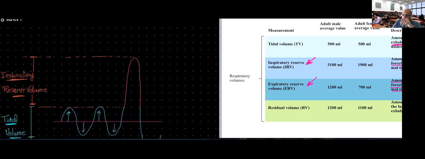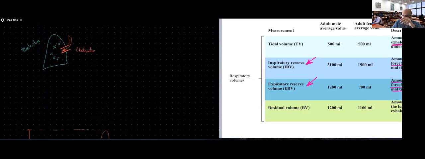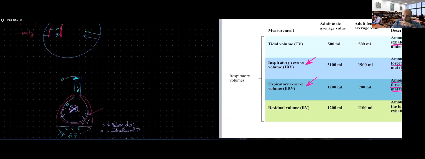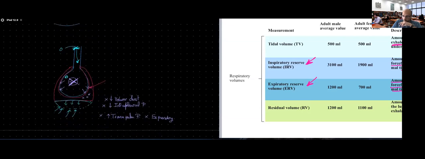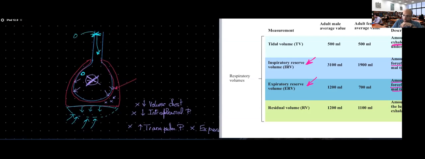And again, why would the lungs fail to collapse normally? Because there is always a negative pressure between the two layers of the pleura.